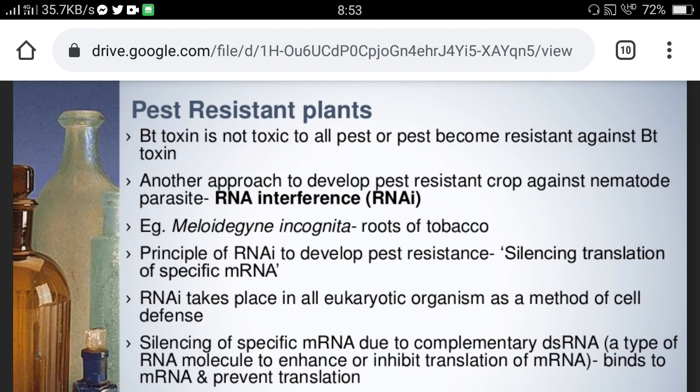The principle of RNAi is to develop pest resistance by silencing translation of a specific messenger RNA. RNAi takes place in all eukaryotic organisms as a method of cell defense. Silencing of a specific messenger RNA occurs due to complementary double-stranded RNA, a type of RNA molecule that binds to messenger RNA and prevents translation.